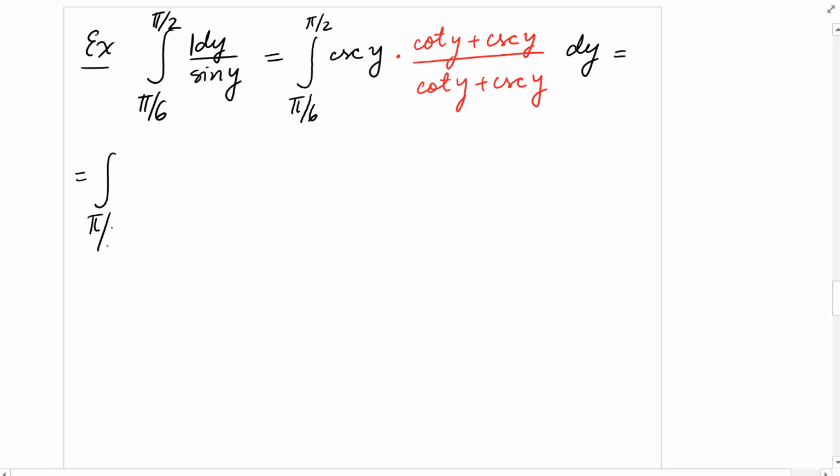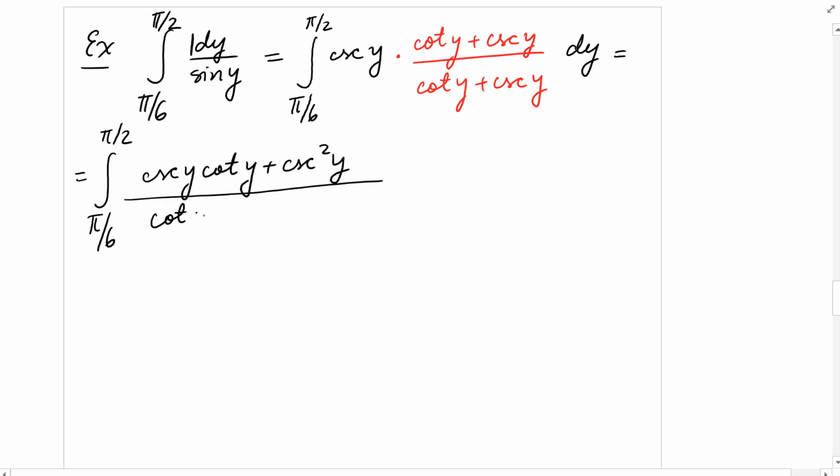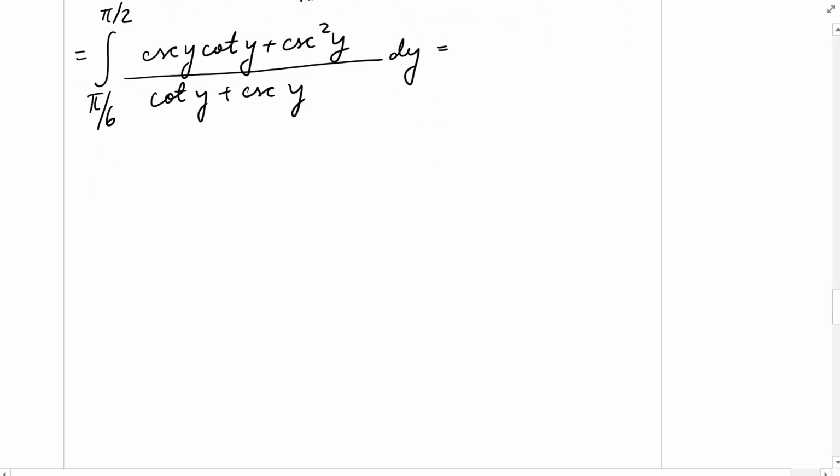So if we do that, this is what we end up getting. Integral from pi over 6 to pi over 2, cosecant y cotangent y plus cosecant squared y over cotangent y plus cosecant y dy. And why did we do that?